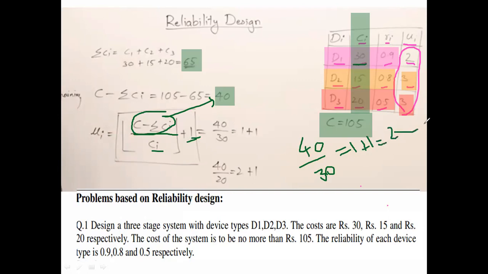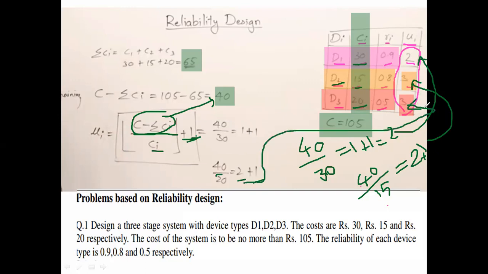So for stage 1, the number of devices is 2. Next, C minus summation, 40 by 15. If you divide, the balance is 2. So 2 plus 1, that is 3. So the answer is 3 here. Next, cost 20. So 40 by 20 is 2, plus 1, that is 3.